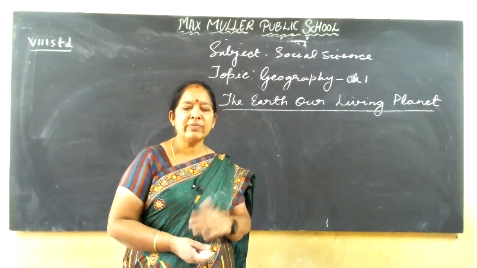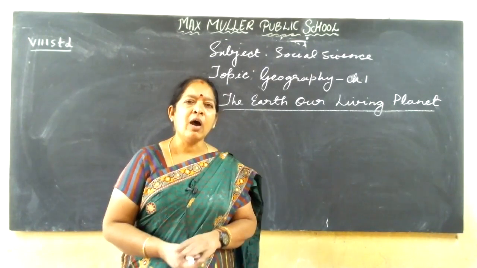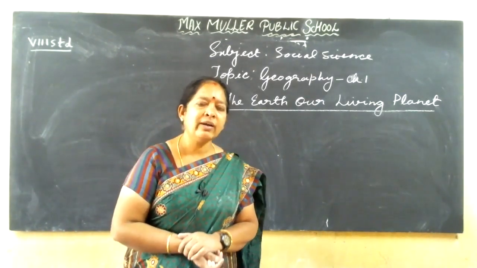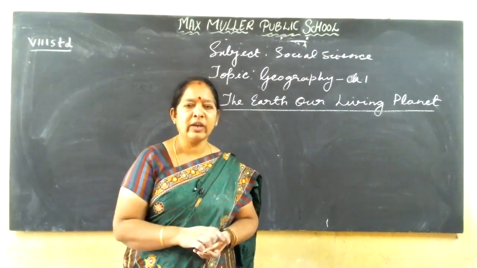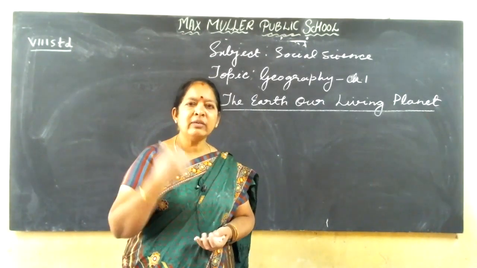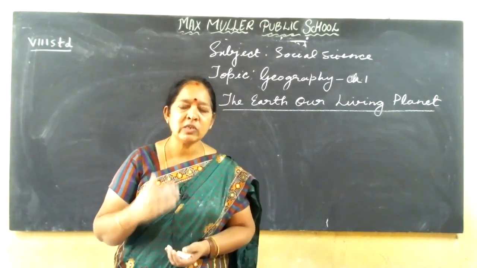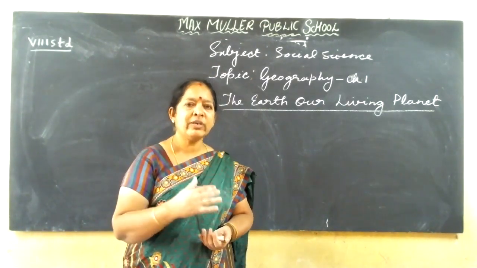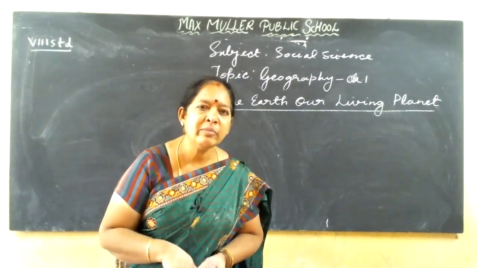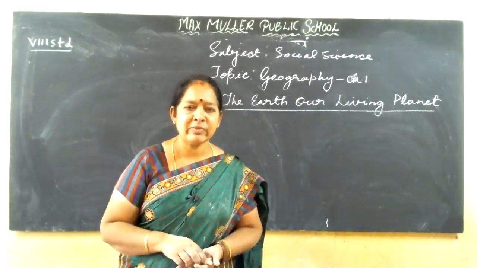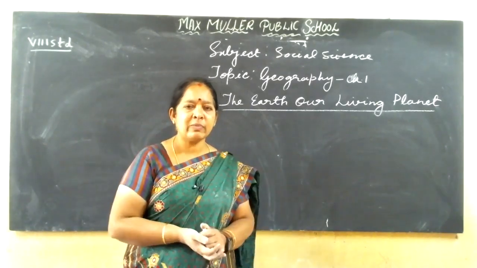Then I talked about the imaginary lines, the latitudes, and why the southern hemisphere is called the water hemisphere and the northern hemisphere the land hemisphere. So all this I explained.